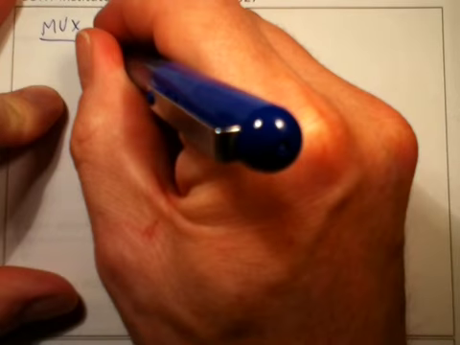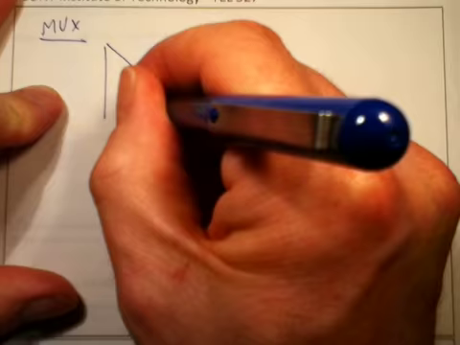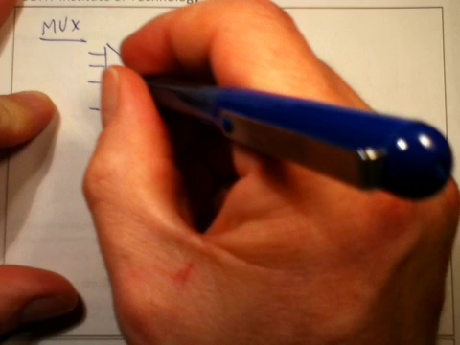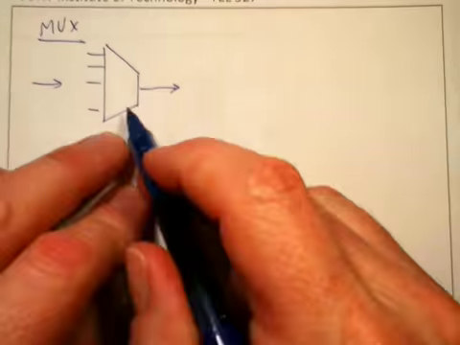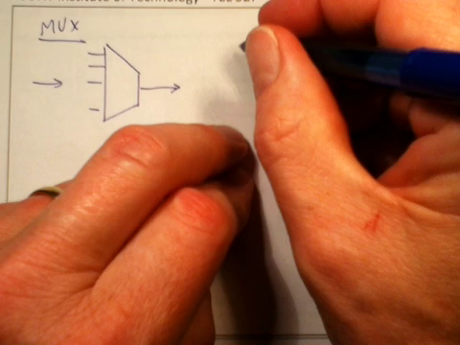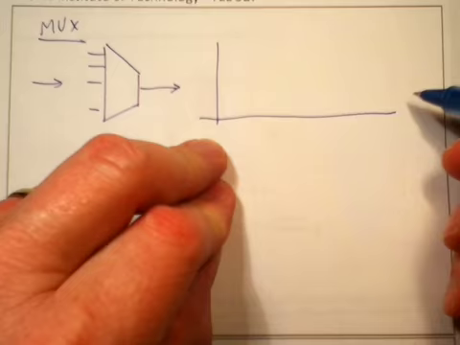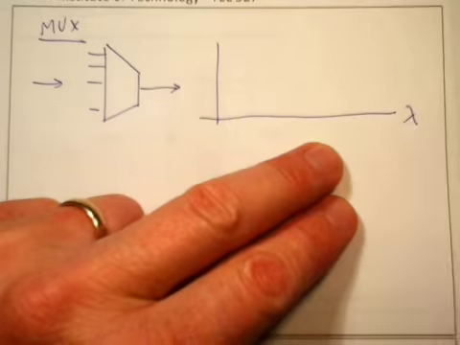So for the MUX, we have this device with many inputs and only one output. And for the MUX device, what we want is, as a function of wavelength, to have the various channels.